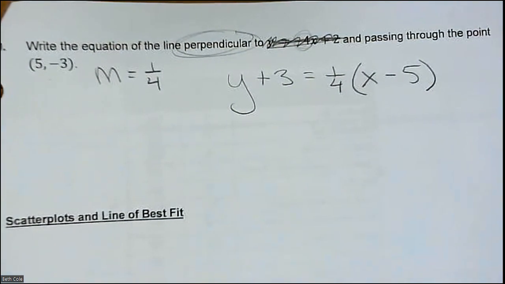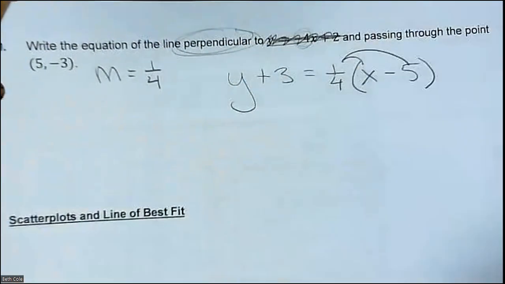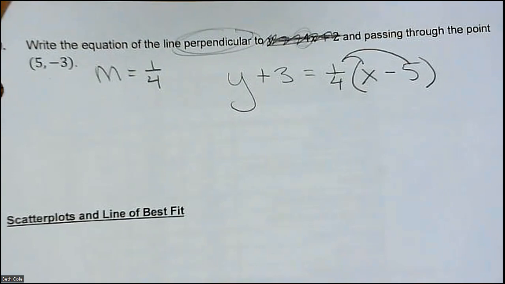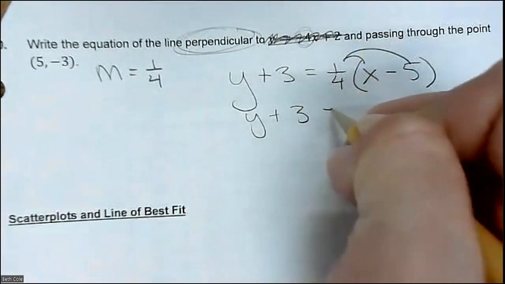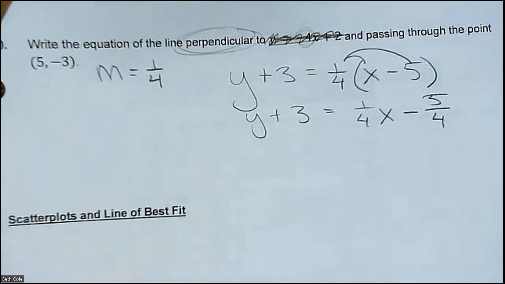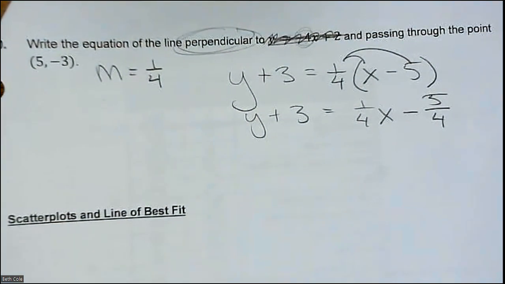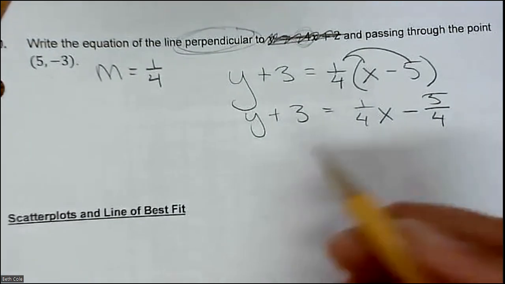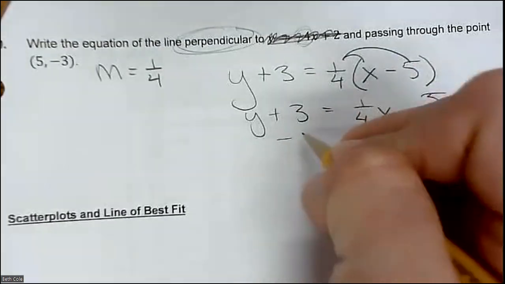And then you have 2 steps. Distribute. I'm going to be your calculator here. Okay. When you distribute that, it'll be 1/4 x minus 5/4. If you were to type 1/4 times 5 in the calculator, you would get 5/4. And then what would be your last step? -3.